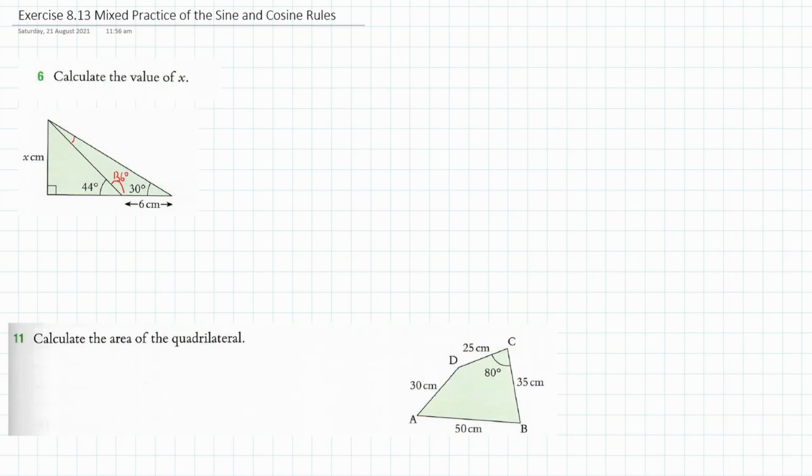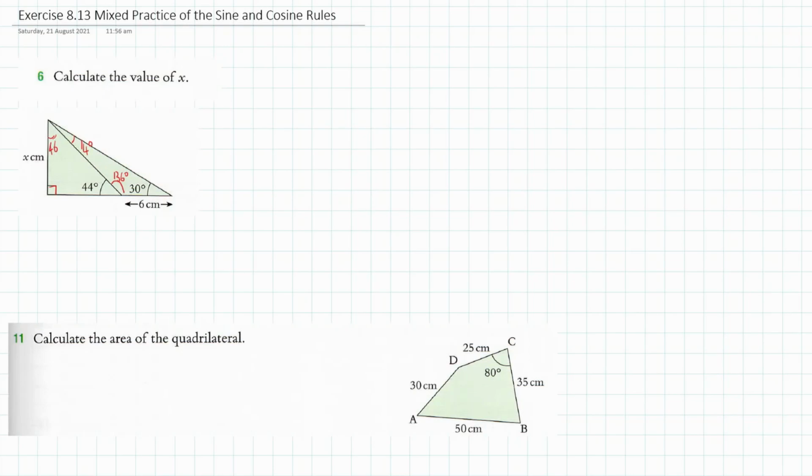So it's going to be 180, take away 136, take away 30, and that should give us a very small angle of 14 degrees. And since this is 90 degrees here, we also know that this angle here should be equal to, let's have a quick look, 180 take away 90 take away 44, so this should be 46.